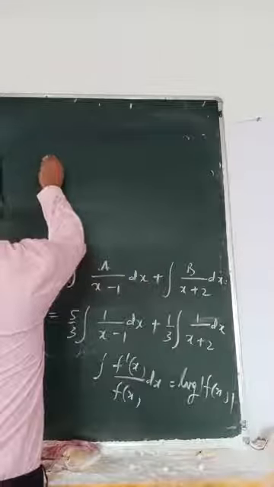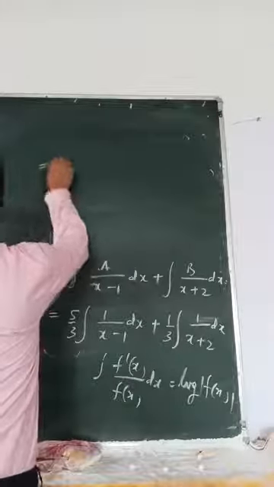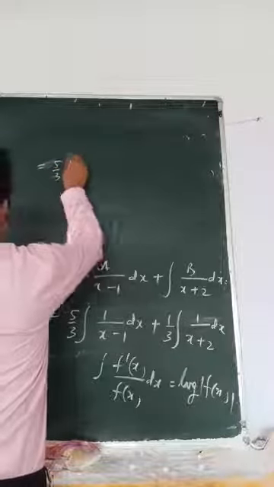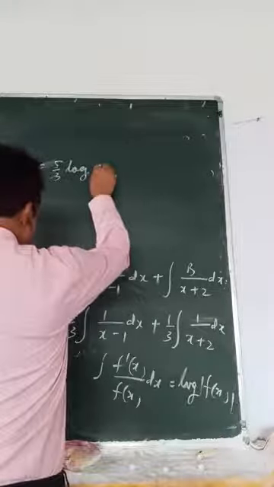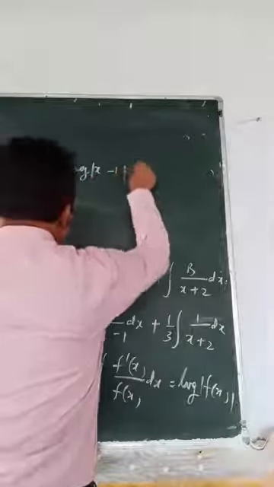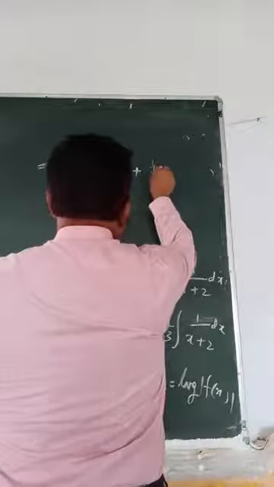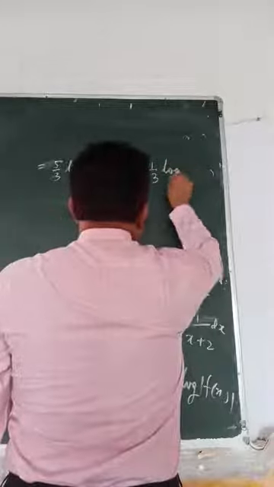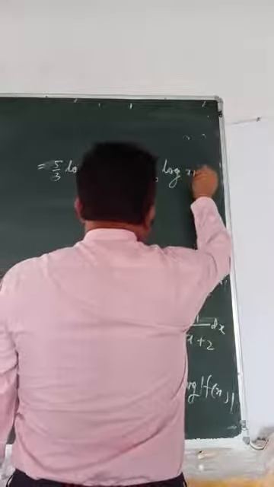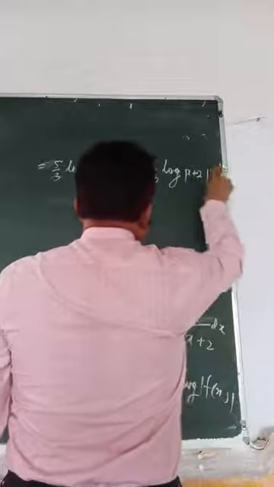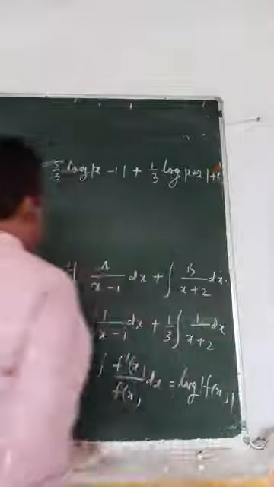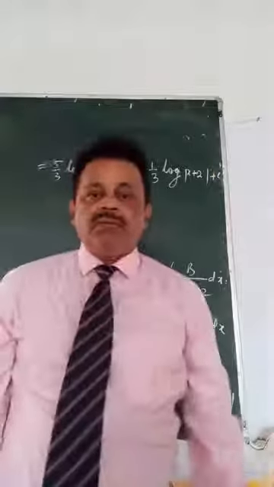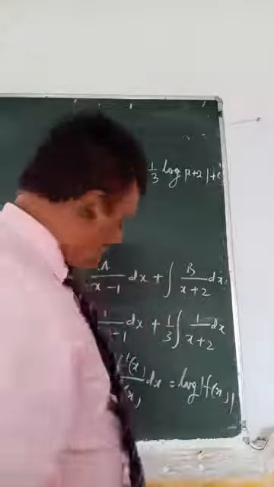So the conclusion is 5/3 log(x - 1) plus 1/3 log(x + 2), plus a constant. This will be easy for us. Let's take one more question.